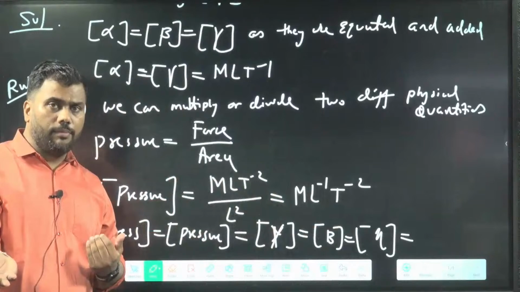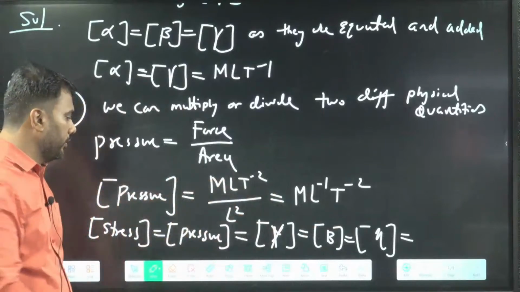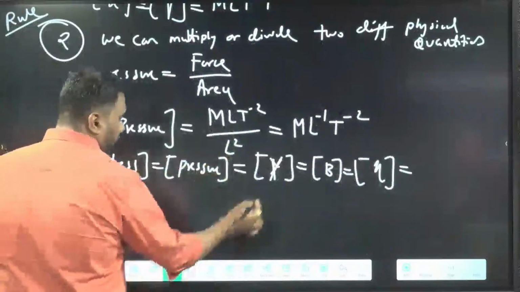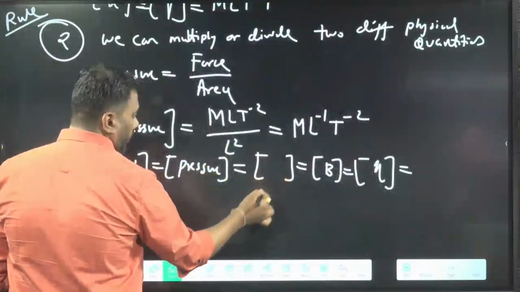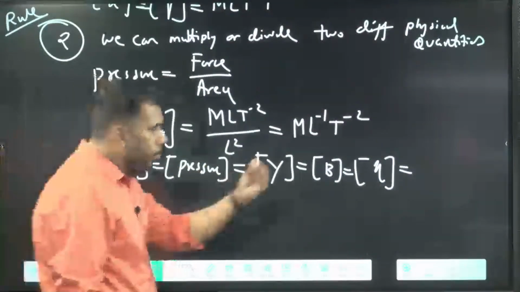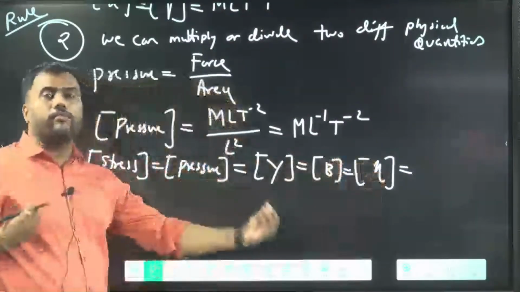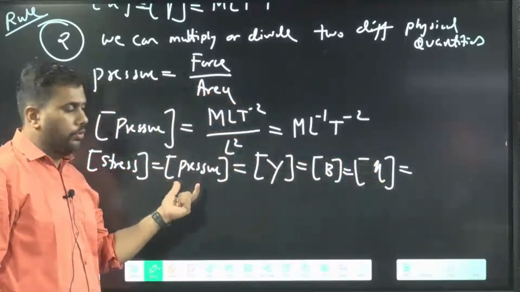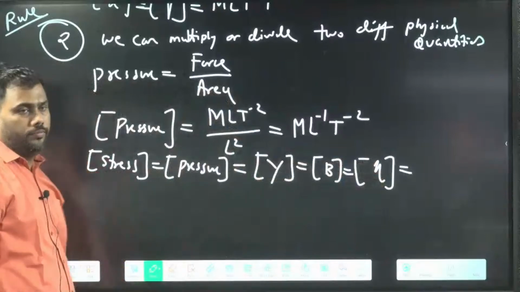Strain is dimensionless, so they will have the dimensions of stress only. These all have the same dimensions as stress and pressure.